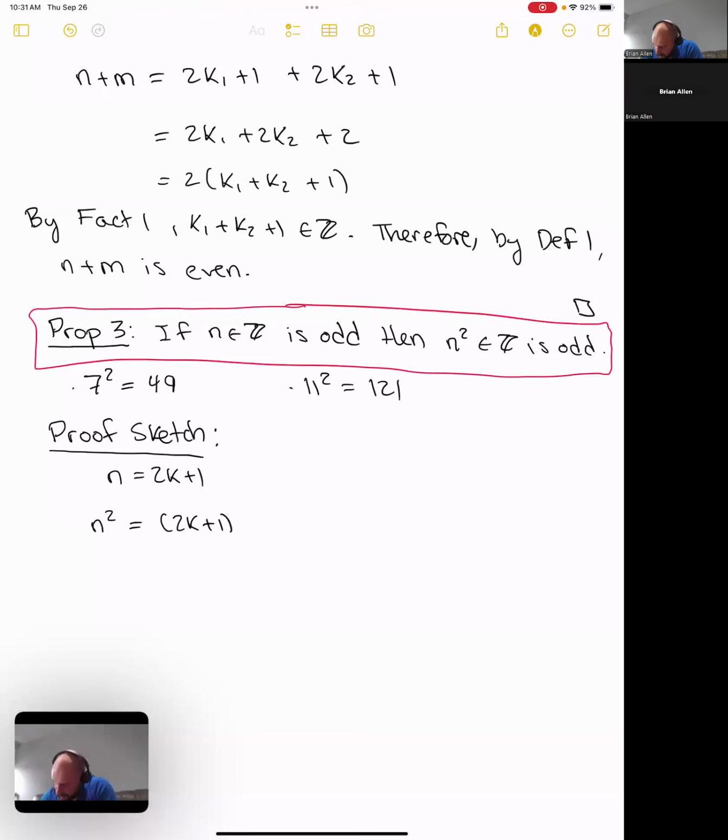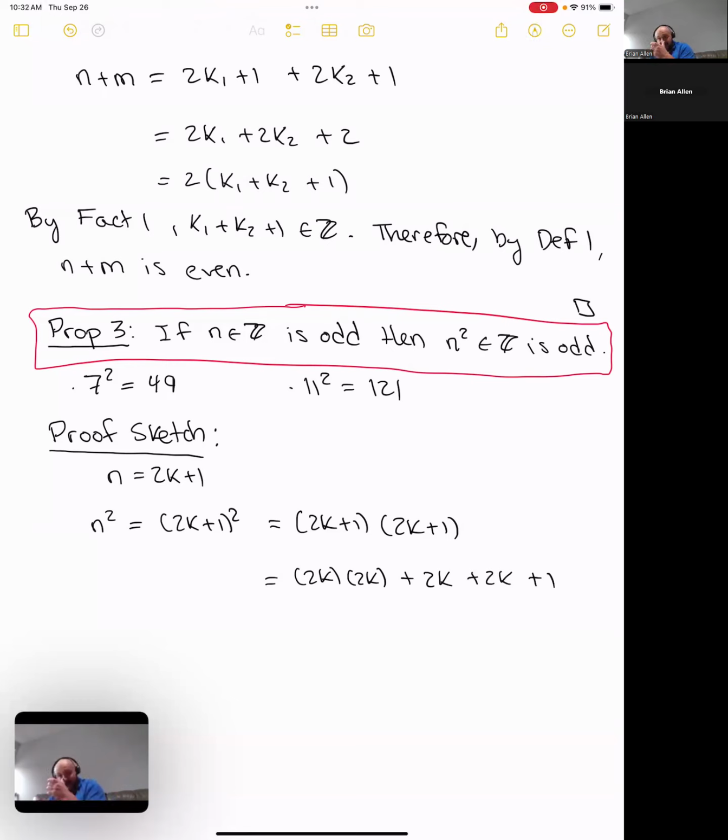So let's take that and square it, right? So what happens? But by the way, just to be clear about what we're doing here, when I say squared, I mean write this out and FOIL it out is another way of saying that, right? So we're talking about 2k times 2k plus 2k plus 2k plus 1.